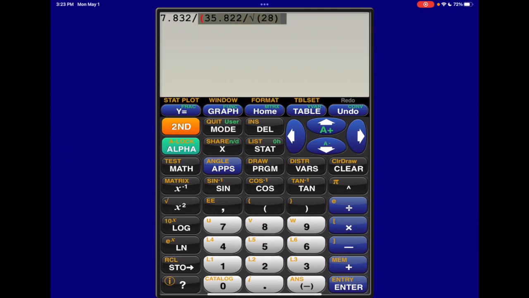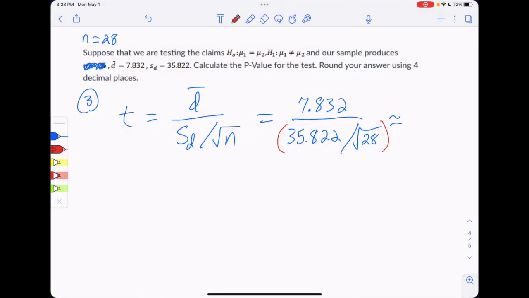And the parenthesis for the square root, and the parenthesis for the denominator, press enter, and that's our test stat. So 1.156, but the 6 is followed by a 9, so we'll round up and have 1.157. Let's go back and write that down. 1.157. So there's our test stat, which we always round to 3 decimal places.